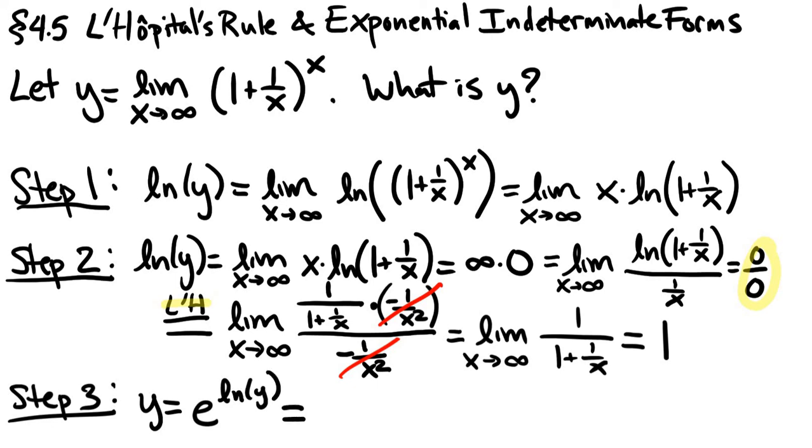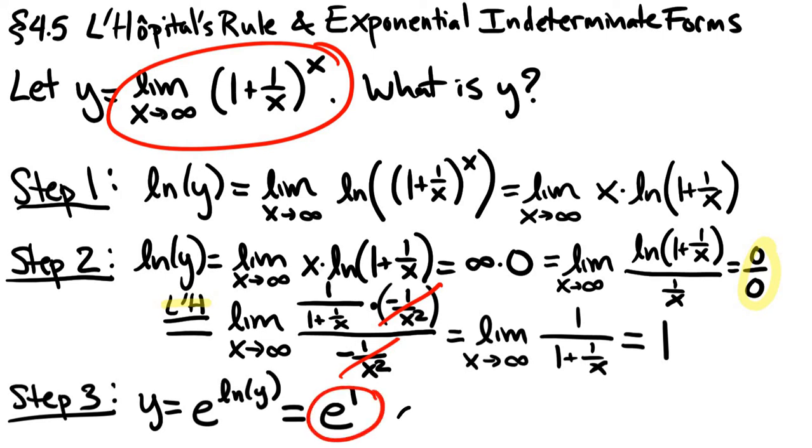In other words, to compute y, you just take e and raise it to whatever power we got in step 2. So in this case, the limit that we started out with equals e, which is approximately 2.718 yada yada yada. That looks more like what we were getting numerically on the previous computation.